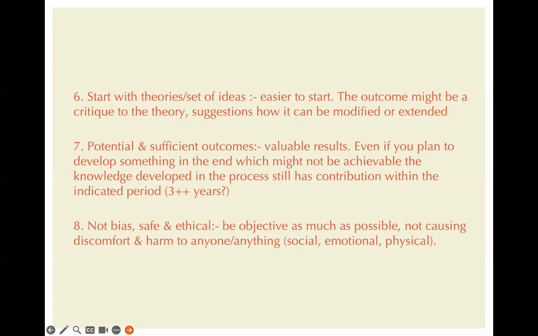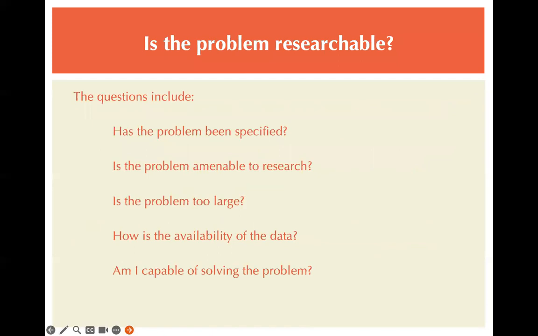And of course, it needs to be not biased, safe, and even ethical. Be objective again as much as possible, even for those who are doing qualitative research where the researcher is part of the data gathering tool, not causing discomfort or even harm to anyone or anything, whether that's social, emotional, or even physical.